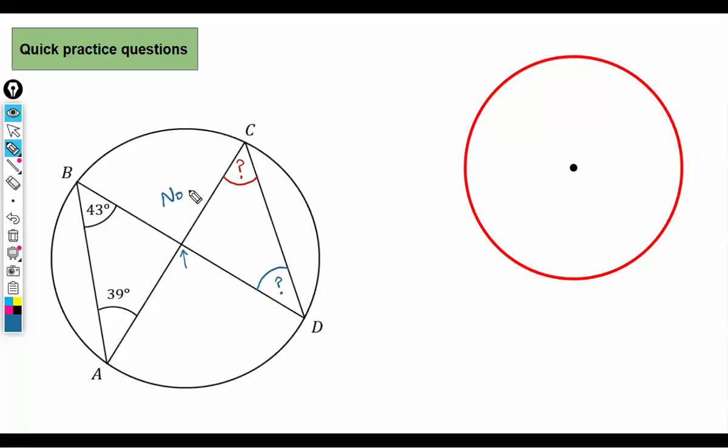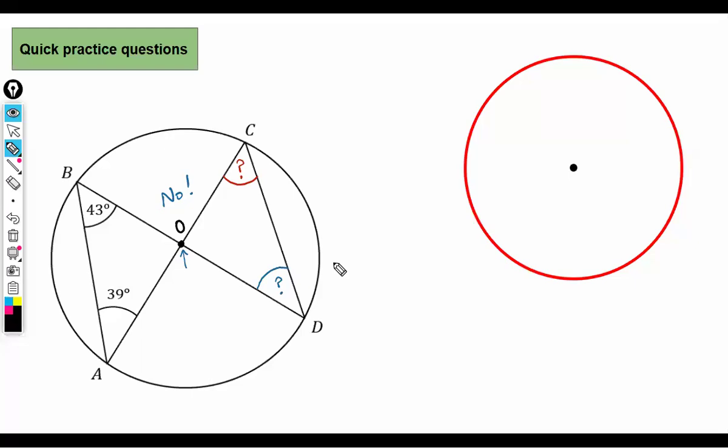The answer is no. Just because something looks like the center of a circle doesn't mean it's the center of the circle. In the exam, if the examiner wanted this to be the center of the circle, he's supposed to put a dot and label it point O. If he didn't, you can't assume it's the center.